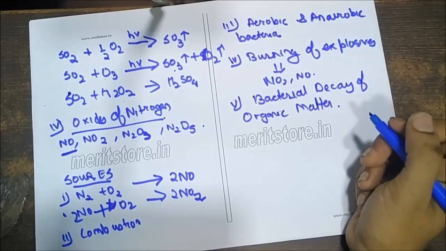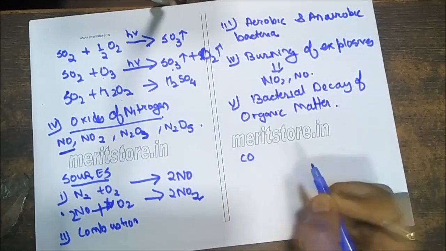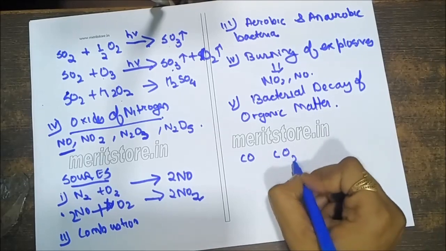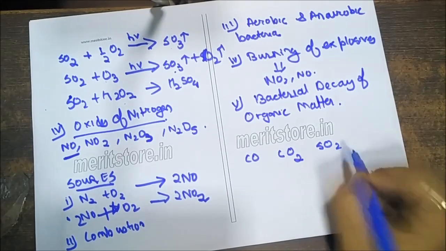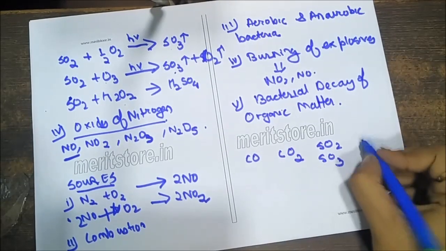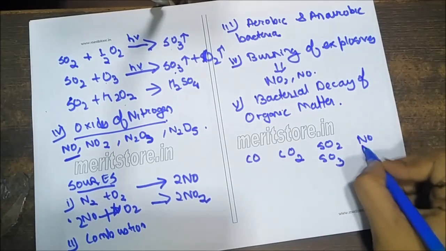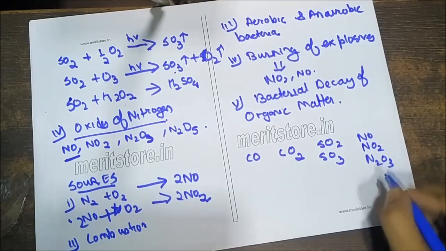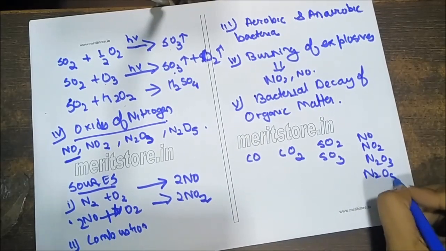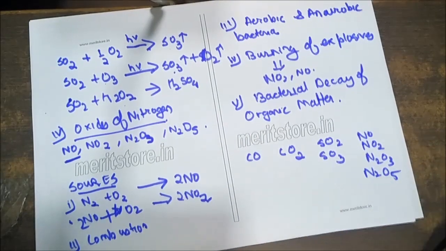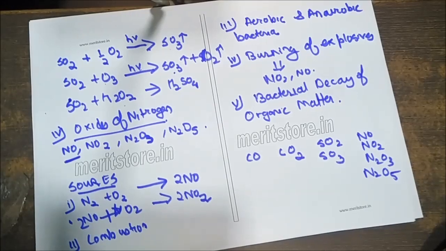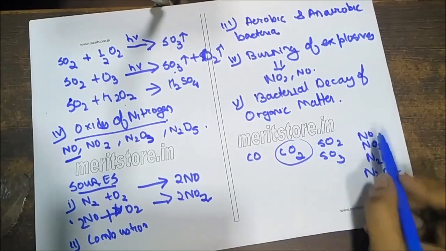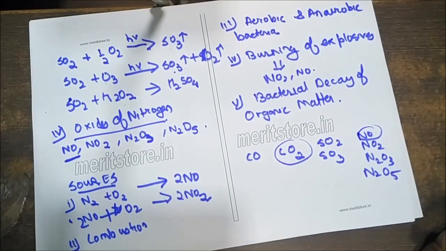So up till now we have studied three important oxides. First we said is carbon monoxide, next carbon dioxide, then sulfur dioxide, sulfur trioxide, and then nitrogen oxide, nitrous oxide, then nitrogen trioxide and nitrogen pentoxide. For each of these oxides we need to remember the sources and their effects. Carbon dioxide and nitrous oxide, they are greenhouse gases.